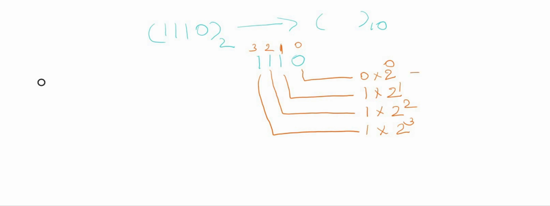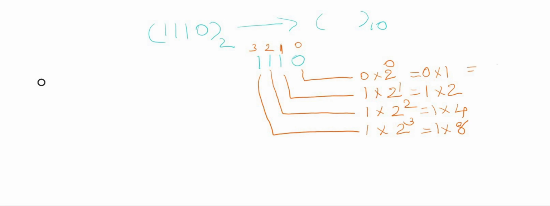Now let's multiply. Any number to the power 0 is equal to 1. So 0 into 1 is 0. Any number to the power 1 is equal to that number itself, so 1 into 2 is 2. 1 into 2 raised to 2 is 4. 1 into 2 raised to 3 is equal to 8.